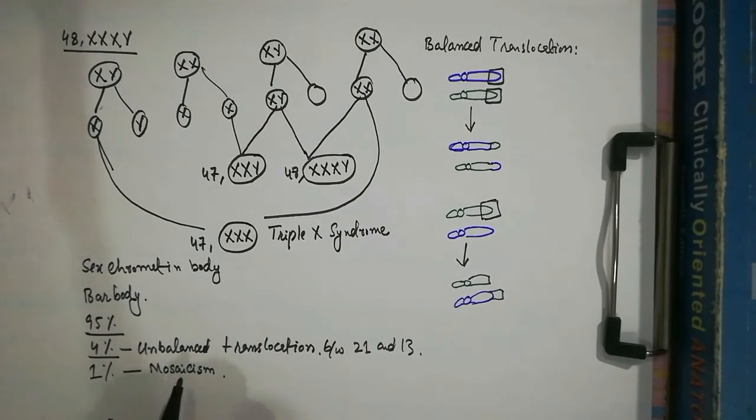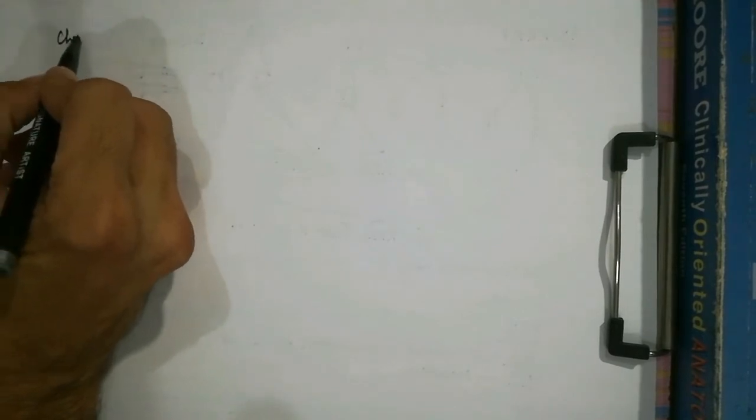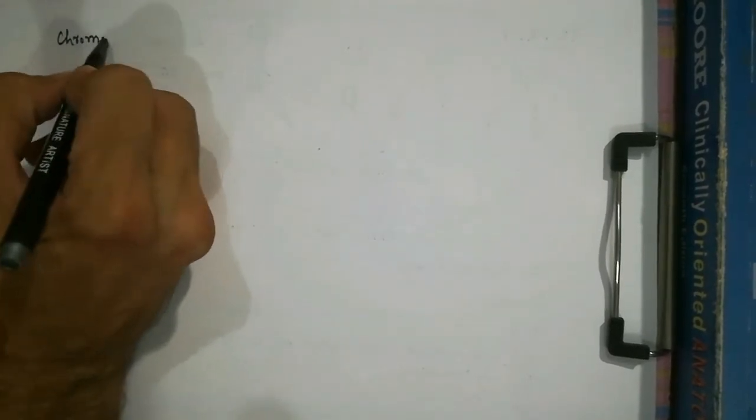Now understand the mosaicism. If chromosomal abnormalities occur during gametogenesis, it leads to formation of chromosomally abnormal gametes.